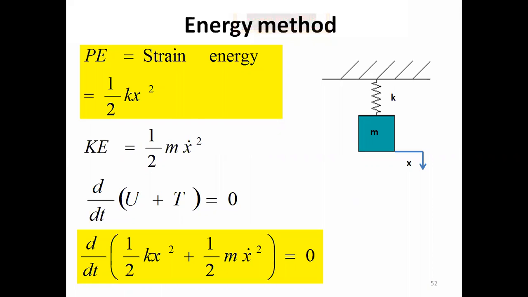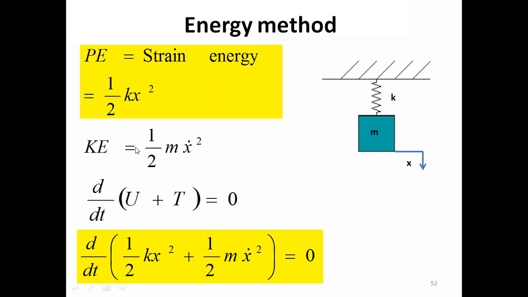So now let's use the energy method to determine the equation of motion of the system. Potential energy is stored in the spring as strain energy, and this energy is equal to half kx squared, where k is the spring constant or stiffness of the spring and x is the displacement in the spring because of vibration.